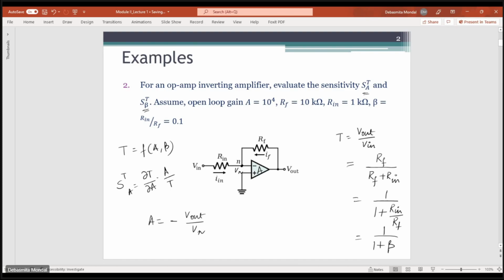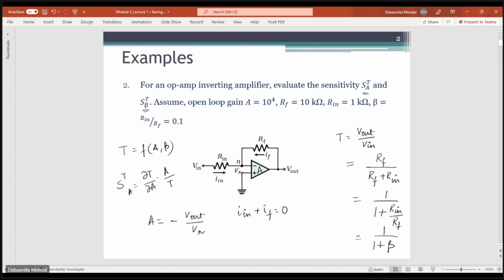So if you have A equals minus V out by Vn, and you write the basic equation, it goes like I in plus IF equals 0, because no current should flow into any terminal of the op amp. This is your one expression.